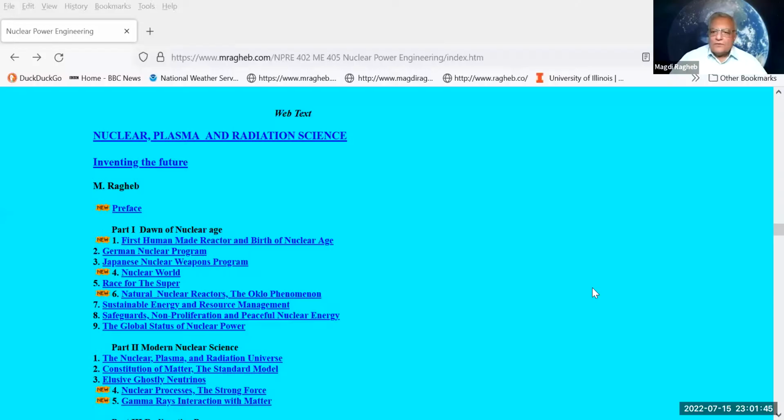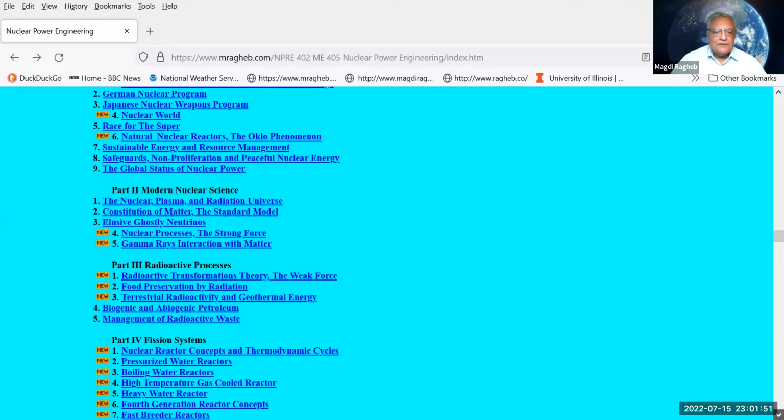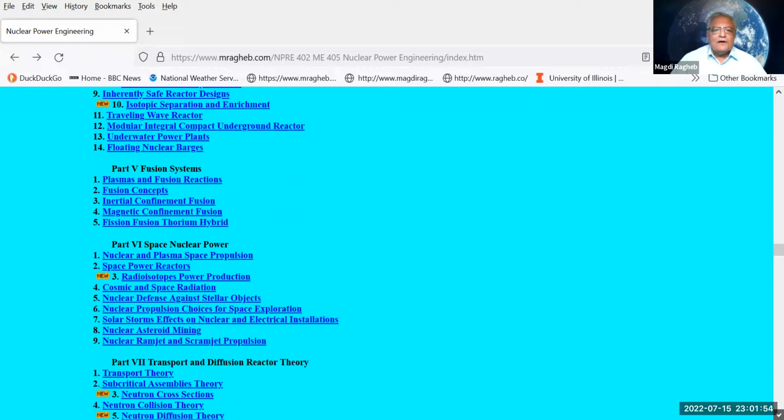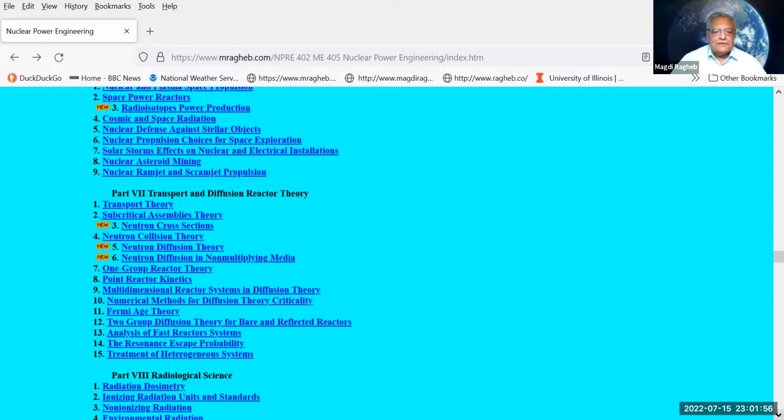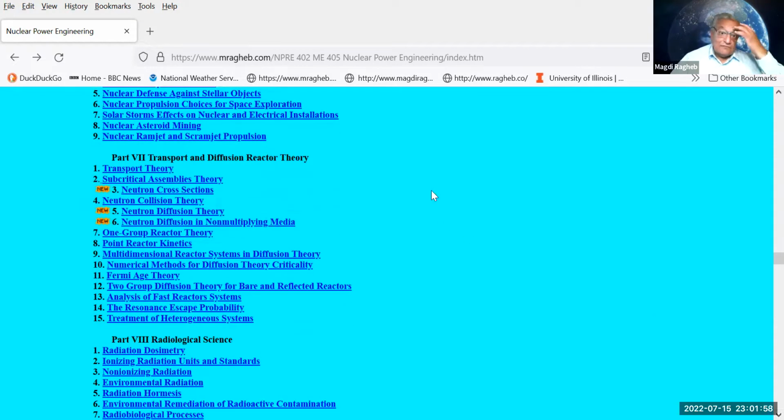I will go directly to sharing the screen, and our ambition today is to deal with a situation where the neutrons are interacting with a material that is multiplying. In the nuclear field, neutrons behave in the same way as bacteria or viruses.